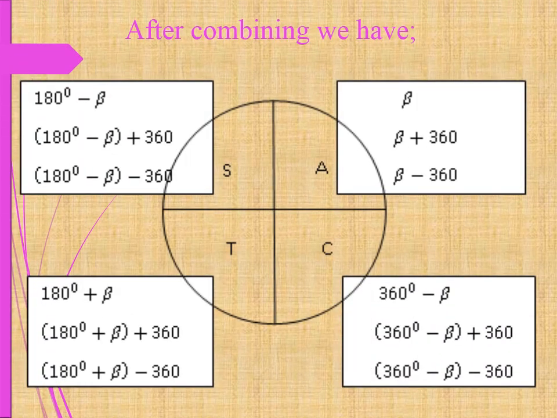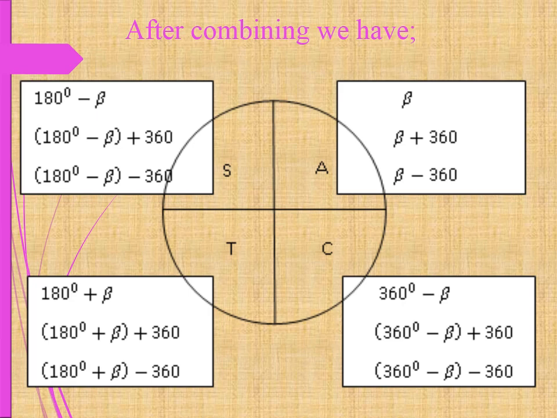We can combine that to get the following equivalent angles. In the first quadrant, we have beta plus 360, and beta minus 360. In the second quadrant, we have 180 minus beta, then 180 minus beta plus 360, 180 minus beta minus 360.